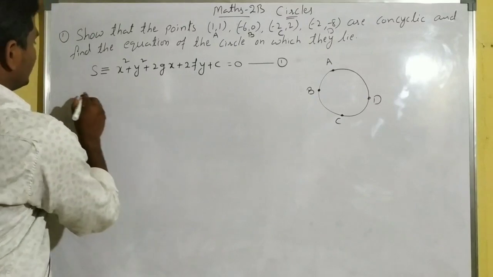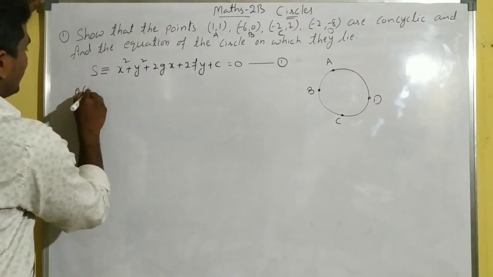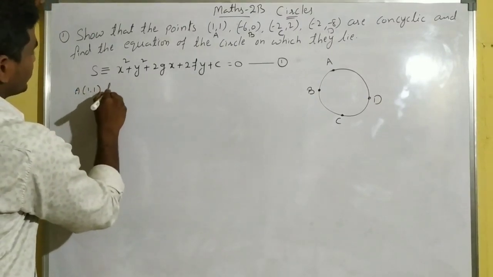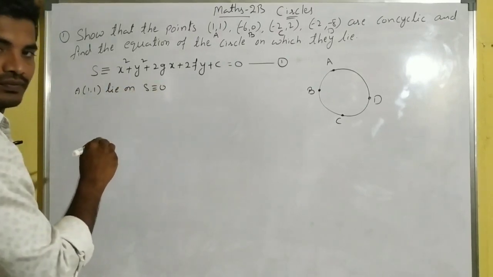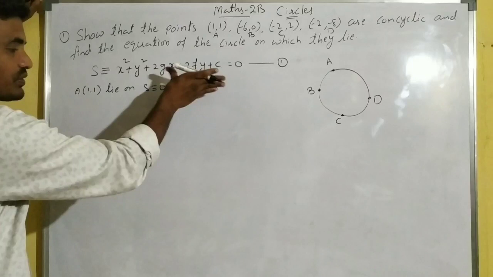We know this point lies on the circle. Then A (1, 1) lies on S = 0. That means I am going to substitute this point (1, 1) in this equation.